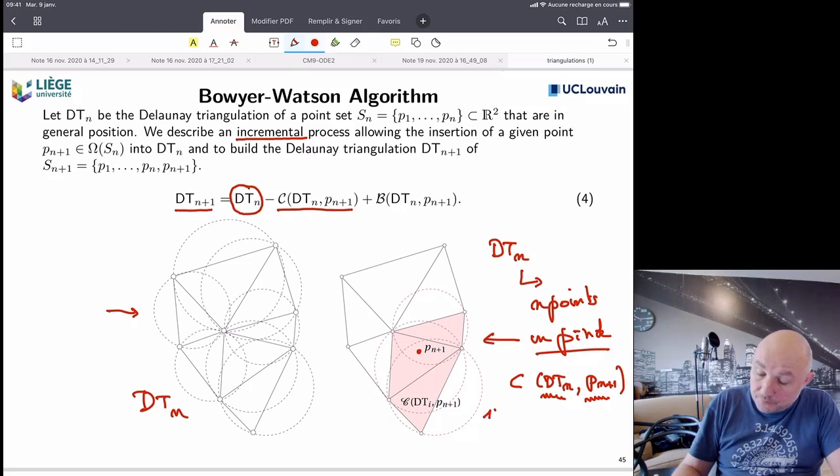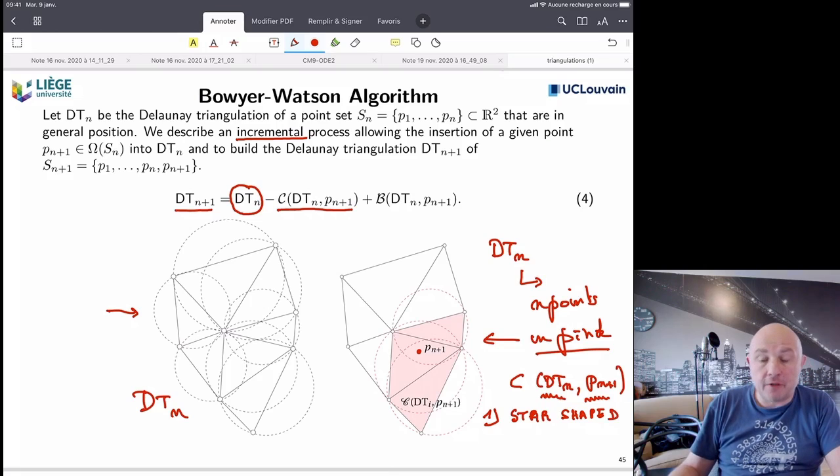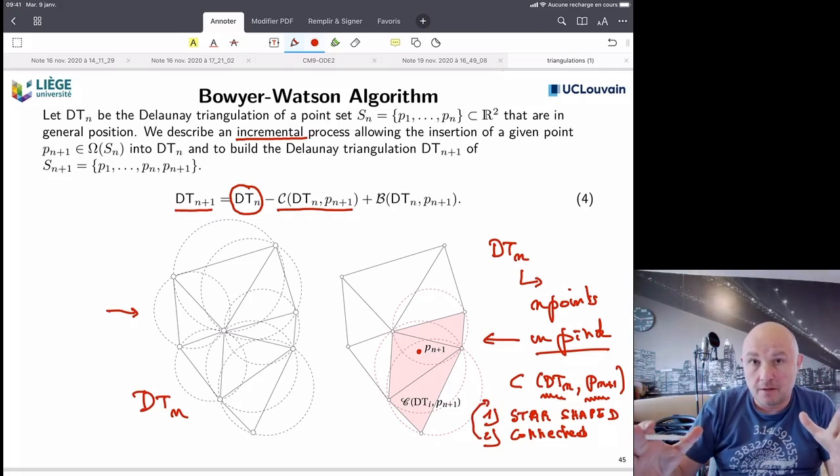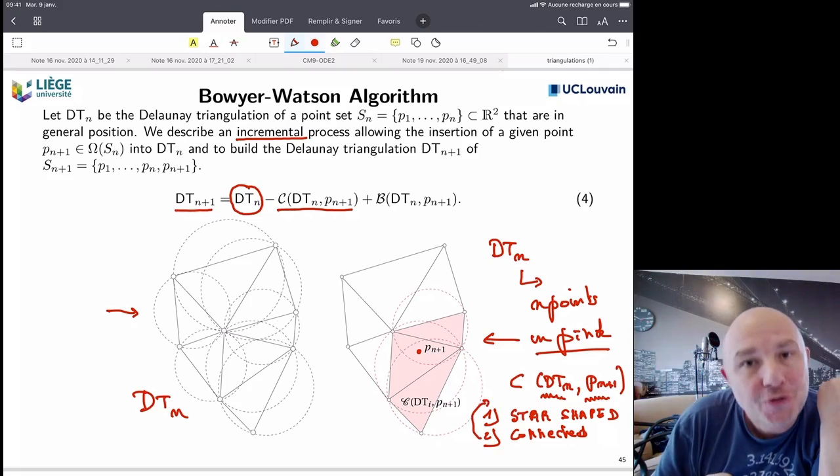It is star-shaped. I will recall to you what a star-shaped polygon is. It's connected. This first property, it's connected. So it's in one piece. It's not in several pieces. It contains the point, of course, okay?